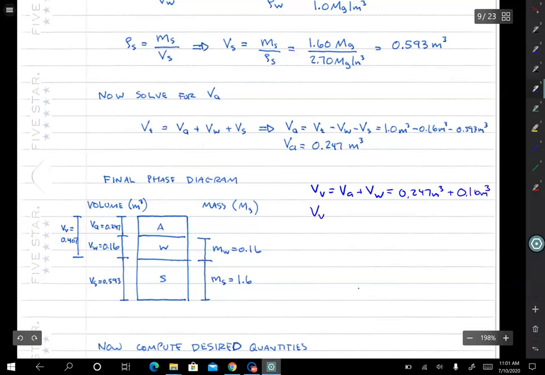So you get the volume of voids is equal to 0.407 cubic meters. So now we have the fully populated phase diagram over here.